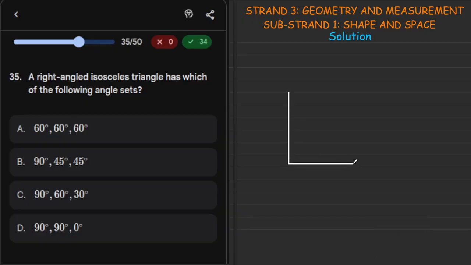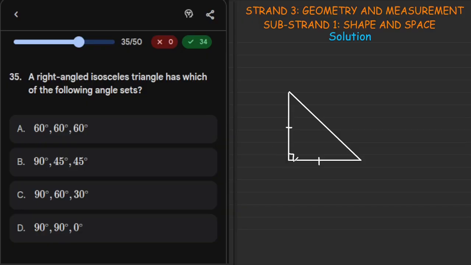What this means is the two arms meet at 90 degrees. And then we have this other side, which you call the hypotenuse. Now this is the same as this. Their lengths are the same. And this angle is at 90 degrees.